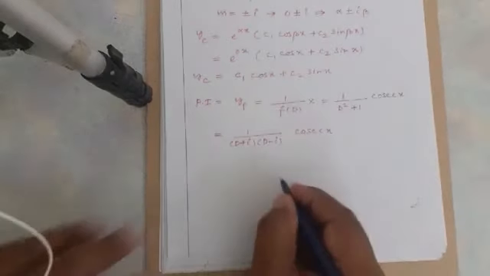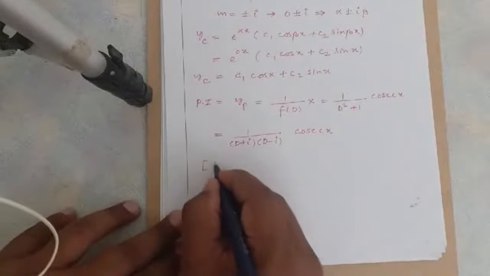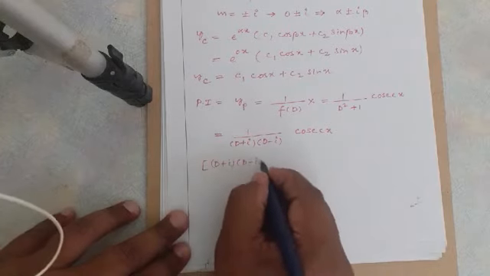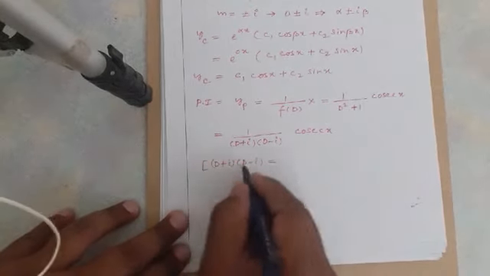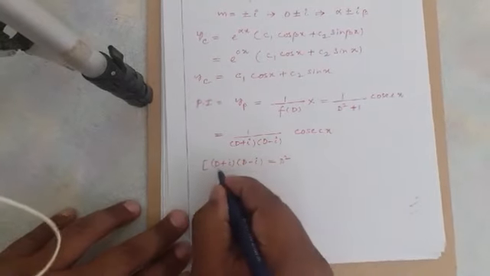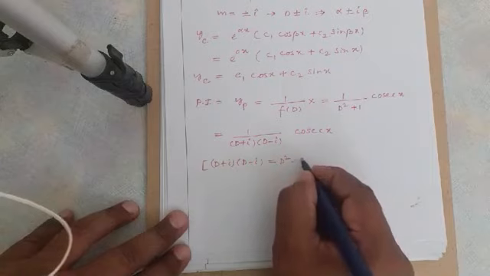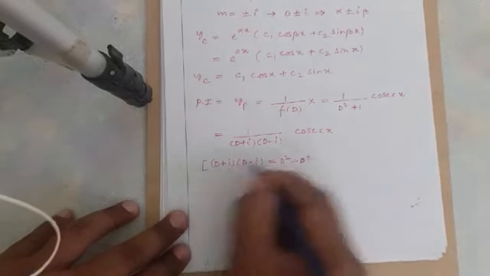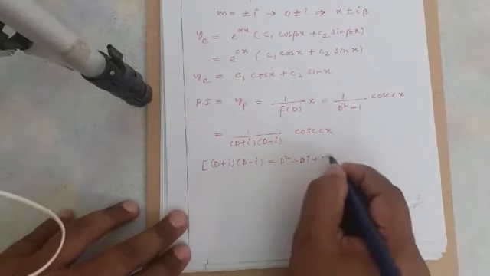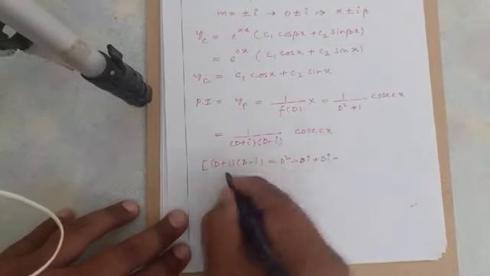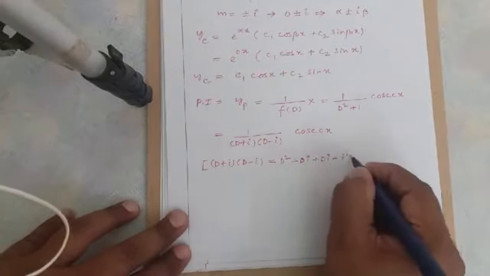I'll show you how we get D squared plus 1 when we multiply D plus i into D minus i. D into D is D squared, D into minus i is minus Di, then plus Di, then minus i into i is minus i squared.